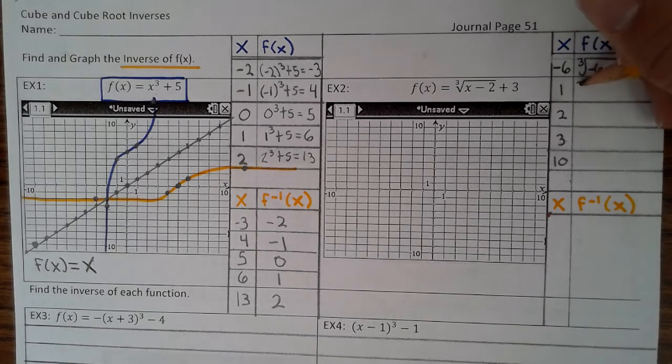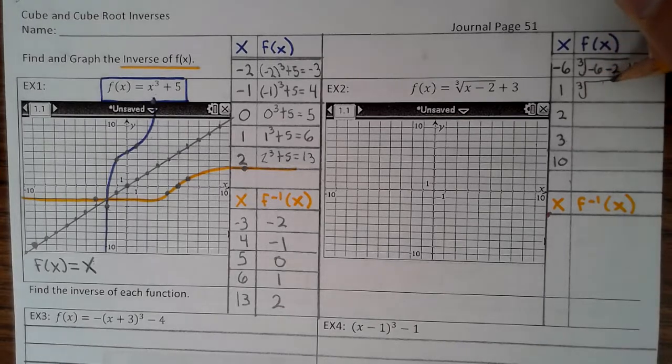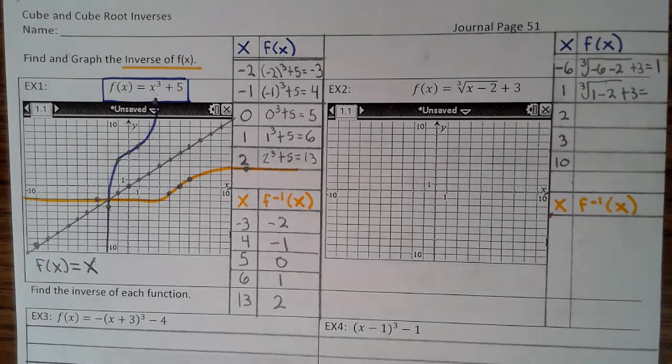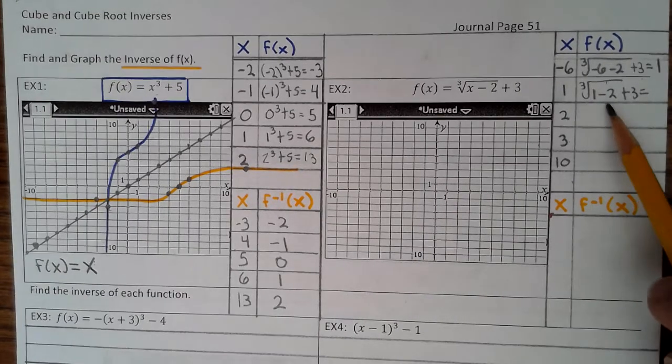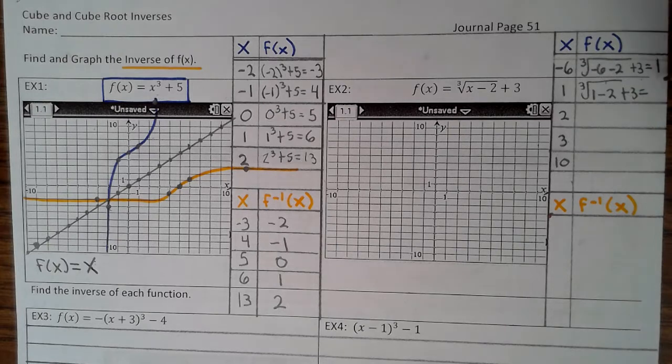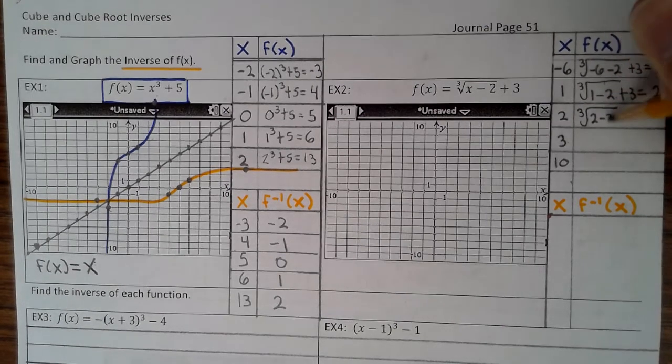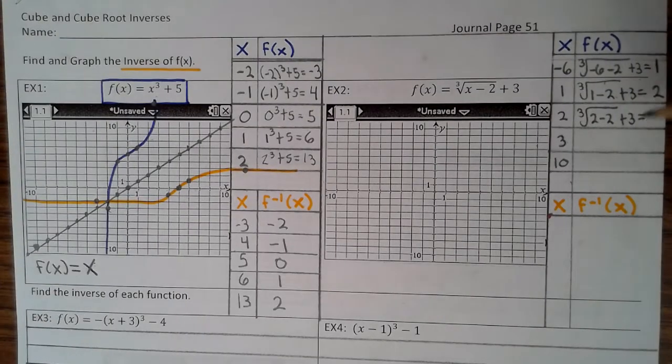Okay, now let's do the cube root of 1 minus 2 plus 3. Well, the cube root of... oh, wait a second. I'm sorry, the cube root of -1 is -1 plus 3 is 2. The cube root of 2 minus 2 plus 3, well, that's 0 plus 3 is 3.